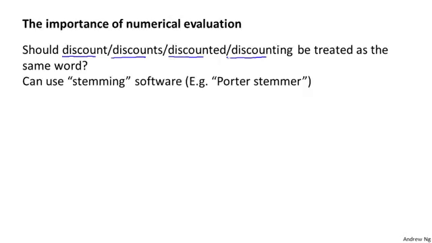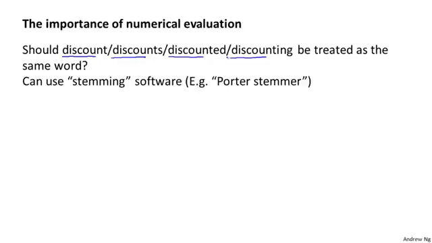In natural language processing, the way this is done is actually using a type of software called stemming software. If you ever want to do this yourself, search on a web search engine for the Porter stemmer, and that would be one reasonable piece of software for doing this sort of stemming, which will let you treat all of these words, discount, discounts, and so on, as the same word.